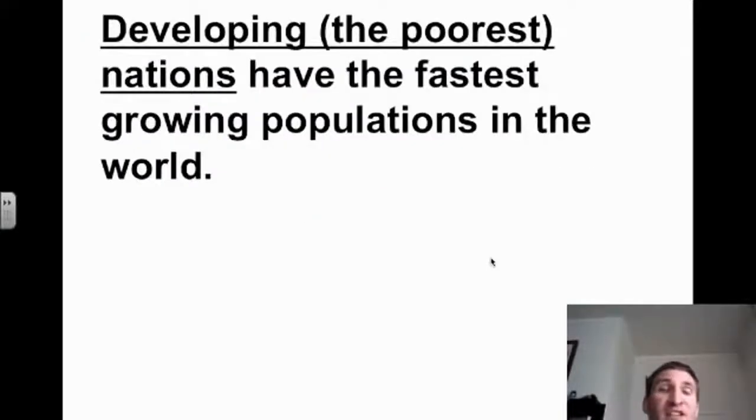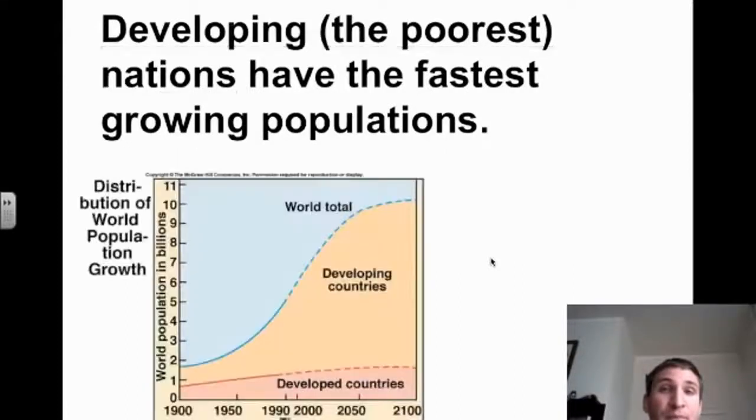In general, we can say today the developing nations of the world, aka the poorest, have the fastest growing populations. And here you see a breakdown of world population, a distribution of how population growth is in the world today. We're about here when it comes to where we are.